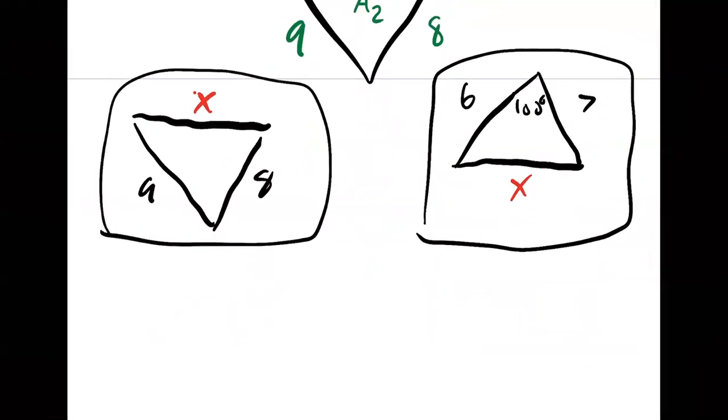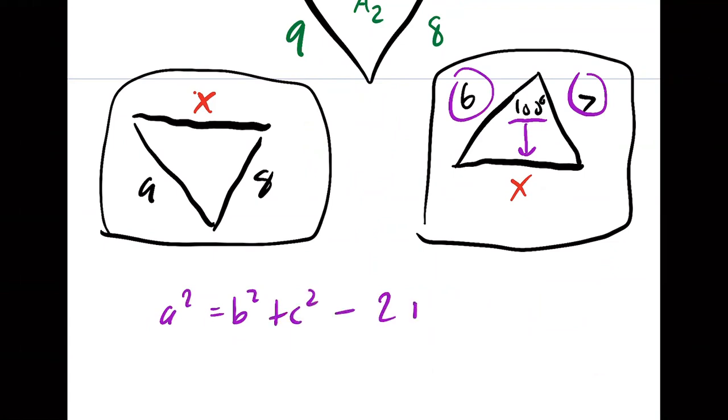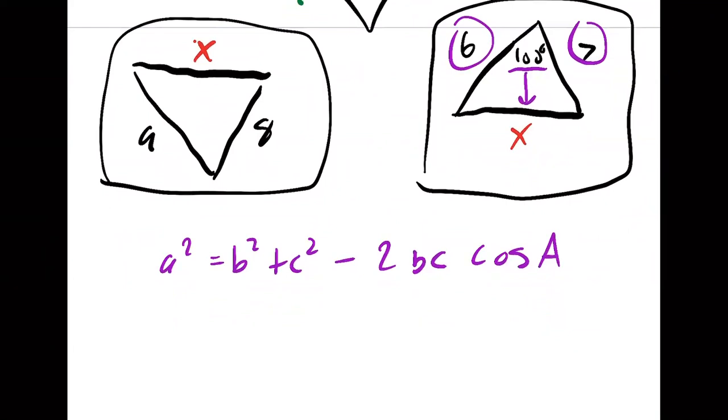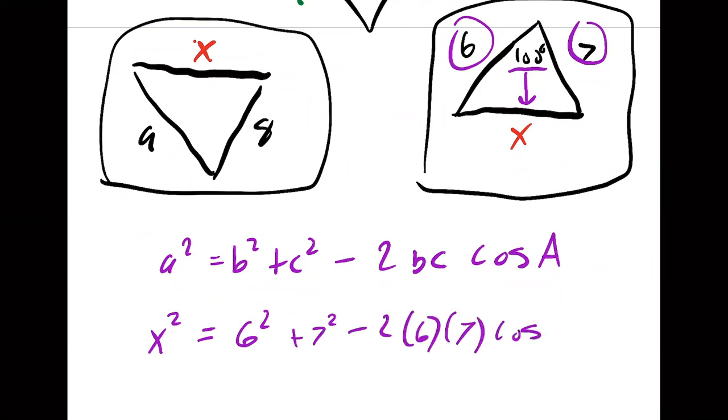So this is where we're going to apply the law of cosines, because we have an angle, but not the opposite side, but we have the other remaining sides here. So again, let me just write it out. a squared is equal to b squared plus c squared minus 2bc times cosine of big A. In this case, x squared is equal to 6 squared plus 7 squared minus 2 times 6 times 7 times cosine of 100 degrees.